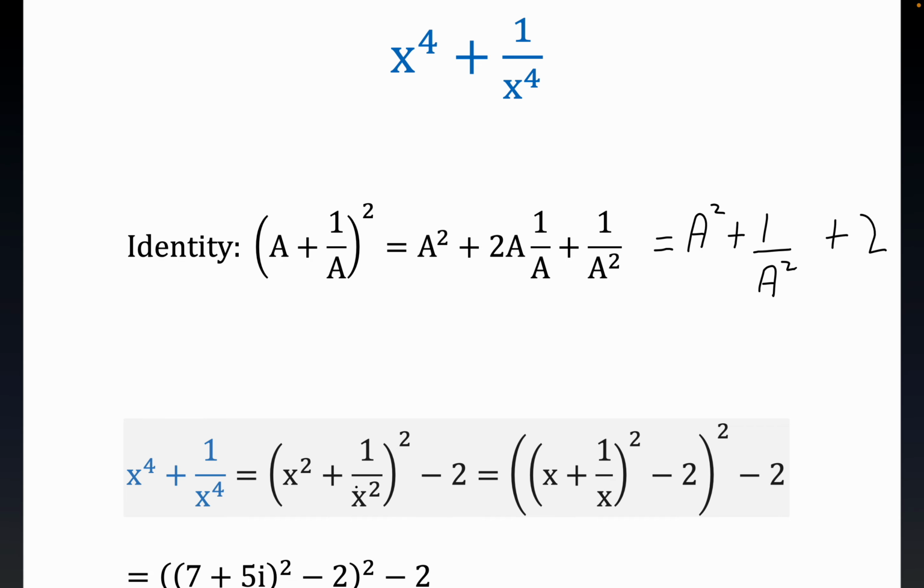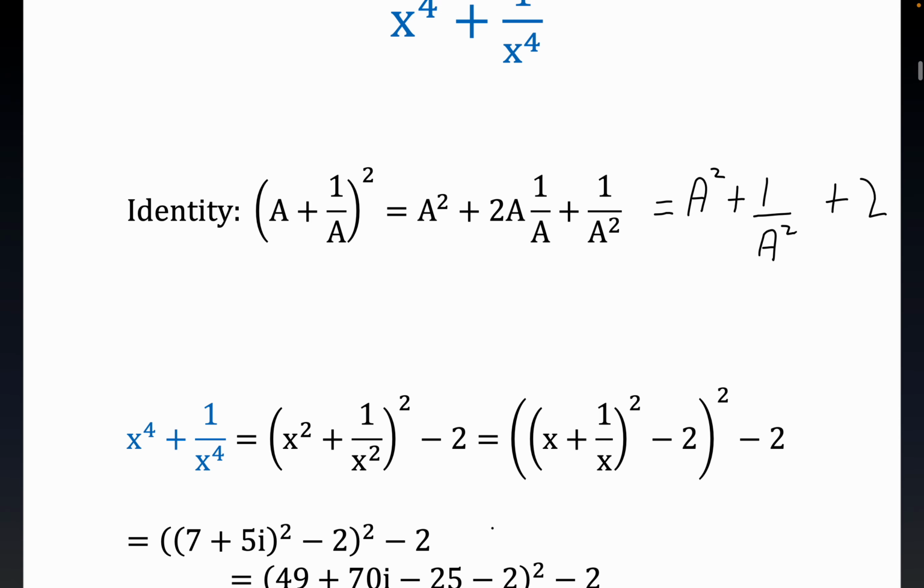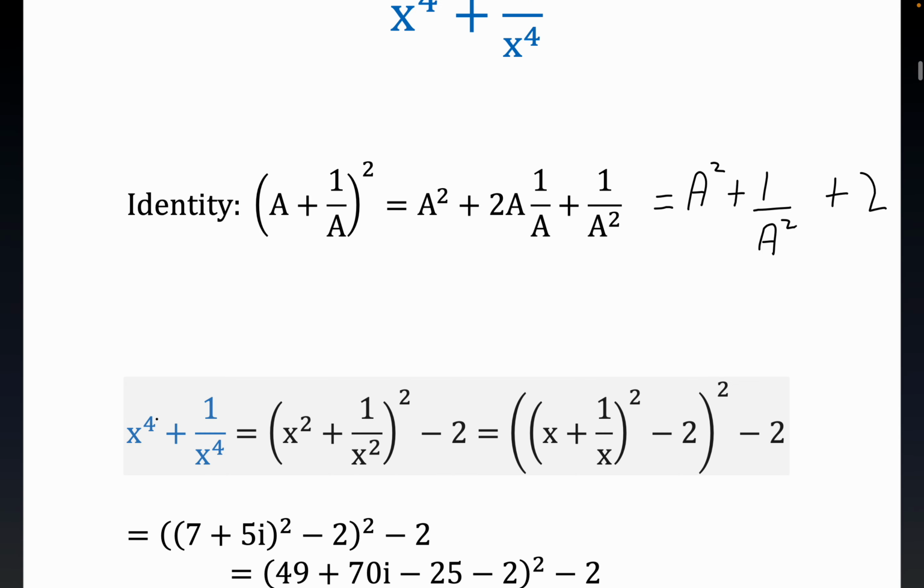We have it again. We have something in the same form, and this time it would be the same thing as having a equal to x. So I hope you see that we actually applied this result twice. Now at this point we have what we're interested in: x to the fourth plus 1 over x to the fourth equals this underlying object right here.